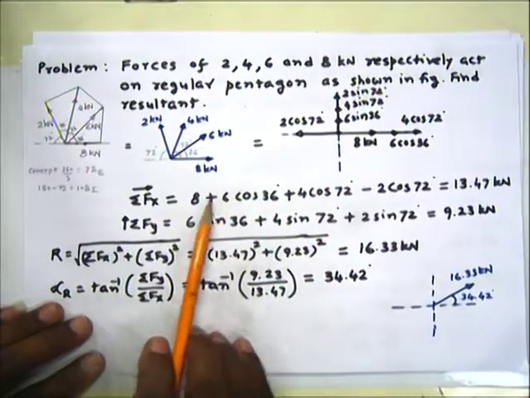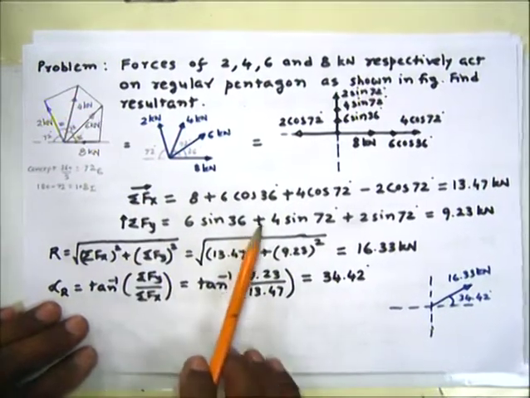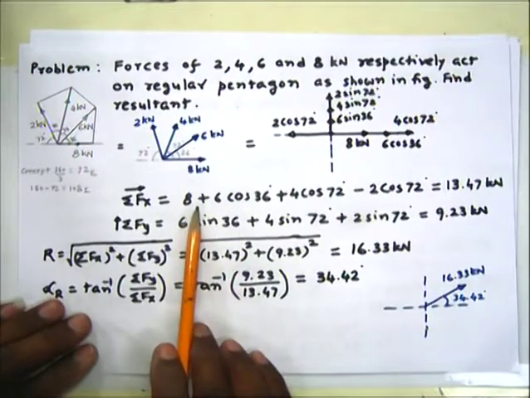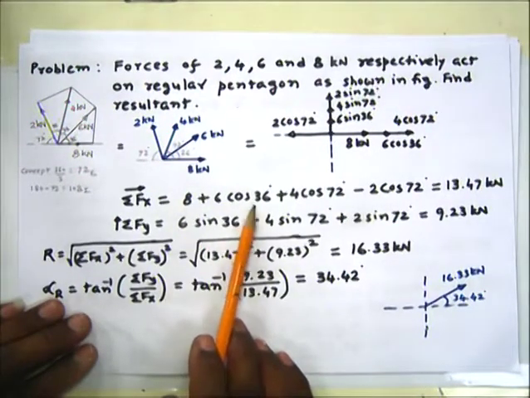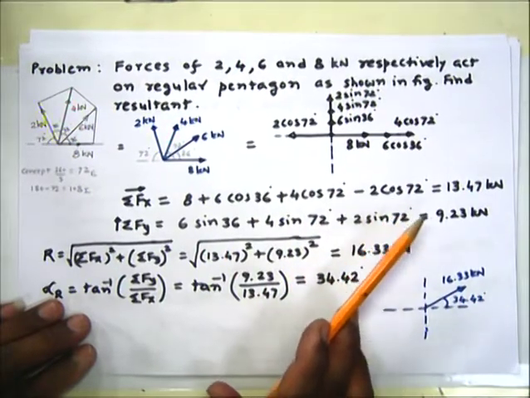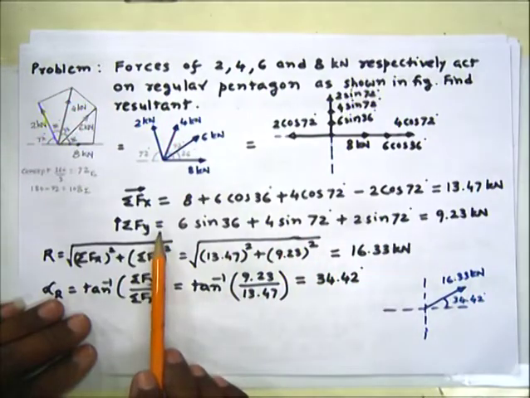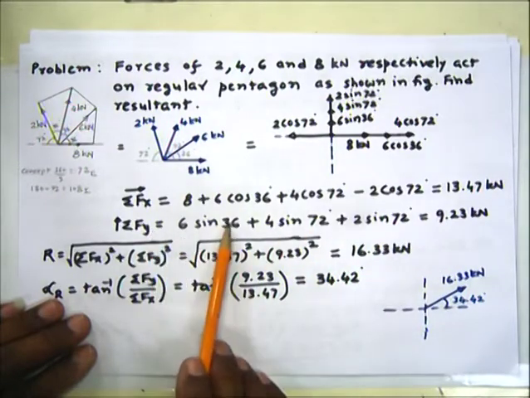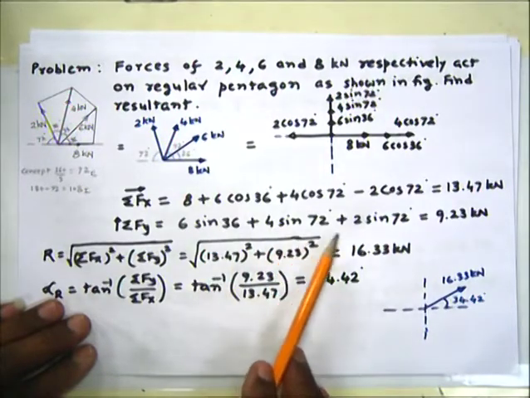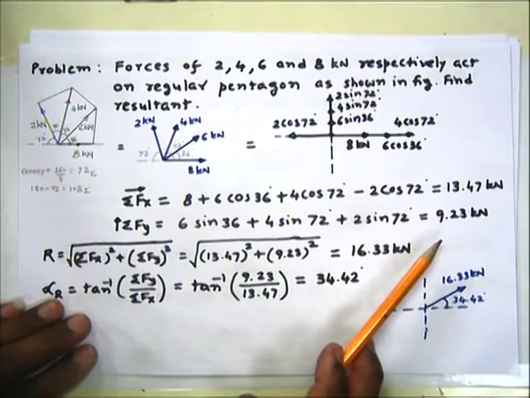Then doing the algebraic sum of components along x and y considering sign, along x, sigma Fx is 8 plus 6 cos 36 plus 4 cos 72 minus 2 cos 72, which is equal to 13.47 kilonewton. Sigma Fy, considering vertical upward sign plus, is 6 sin 36 plus 4 sin 72 plus 2 sin 72, which is equal to 9.23 kilonewton.